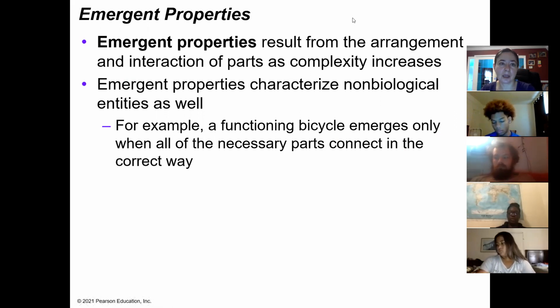What is this? Emergent properties is basically how parts of the plant interact to help the plant to survive, right? So like why you need roots, why you need stems, why do you need leaves, right?